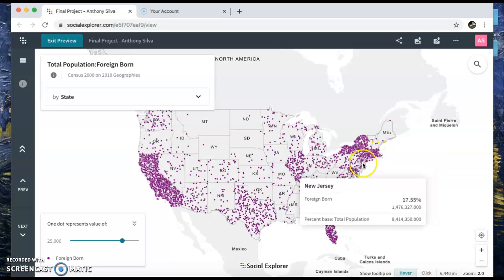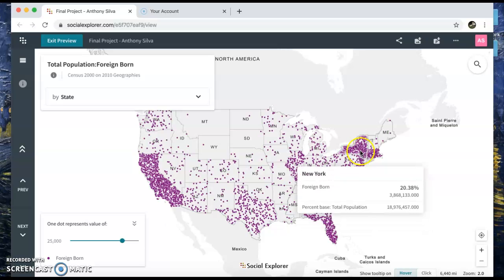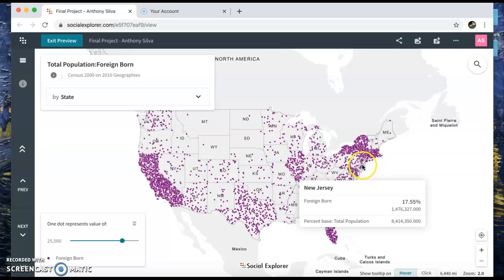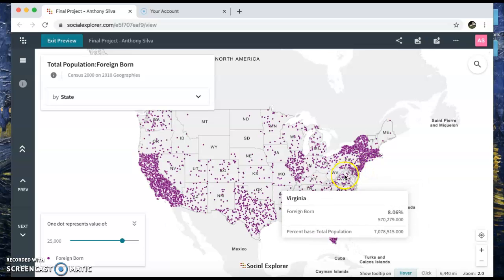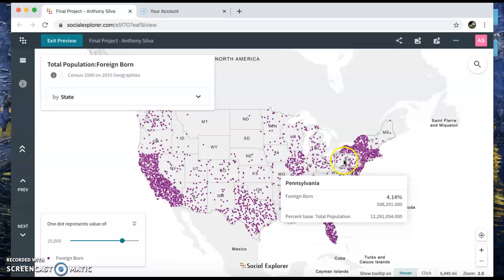New England, New Jersey, which I think because of its proximity to New York, because of commuter cities like Hoboken, but New Jersey in its own right is also very diverse and definitely has a lot of foreign-born residents. And for reference, Pennsylvania is 4.14% foreign-born.